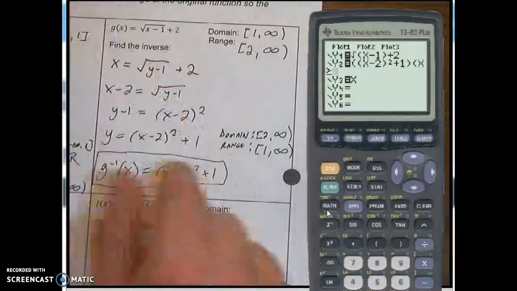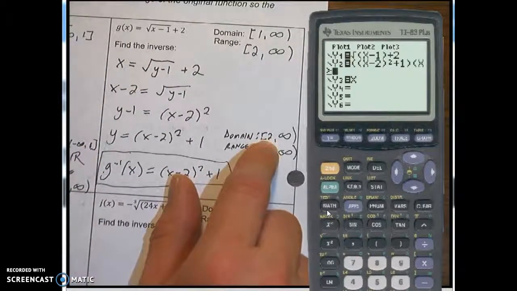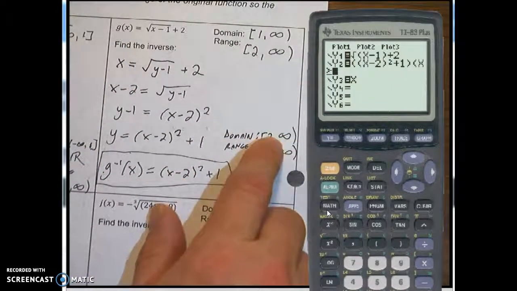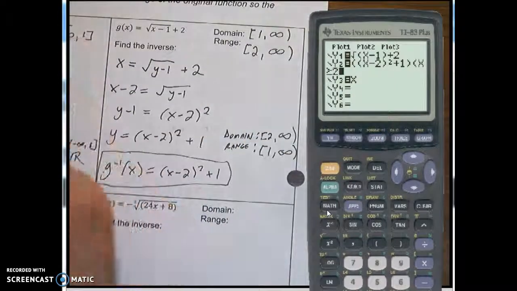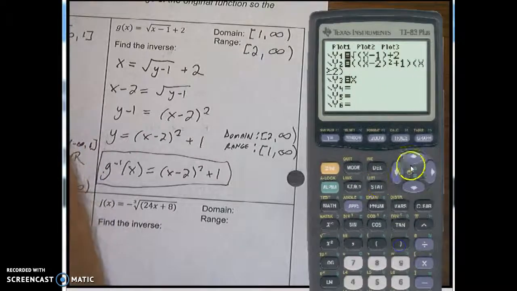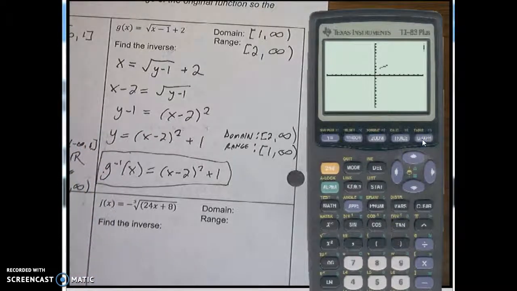And we said the domain starts at 2. So I'm going to type a 2 in there. And if I close that parentheses and now graph it, take a look at it now. There's the square root. There's the restricted domain parabola. There's the line of symmetry. And look at that. It does look like an inverse.